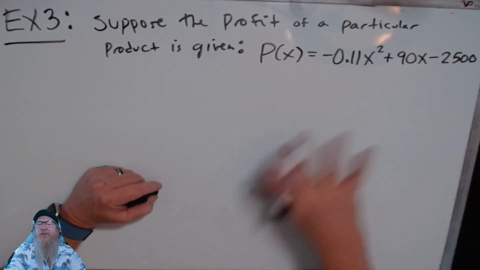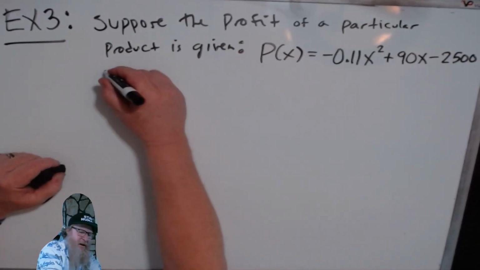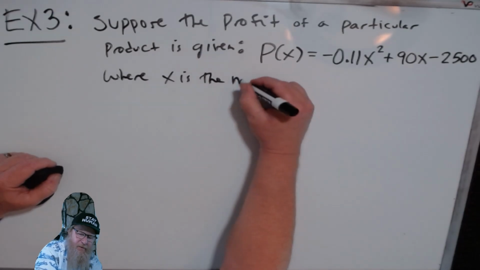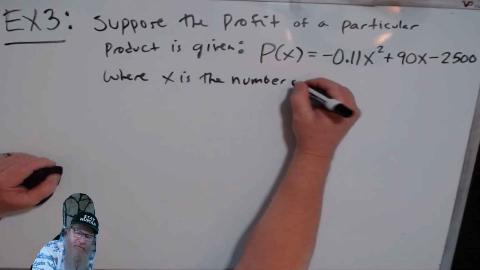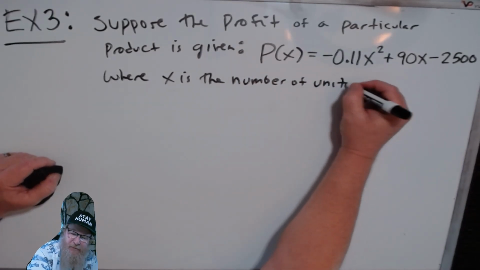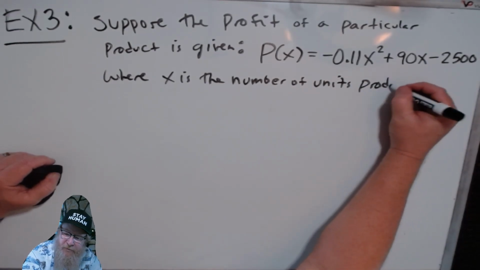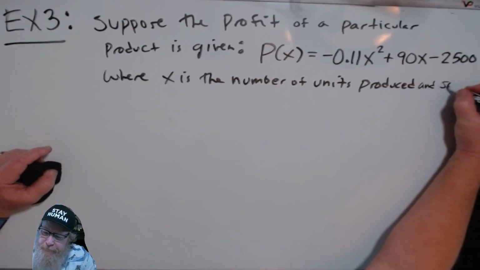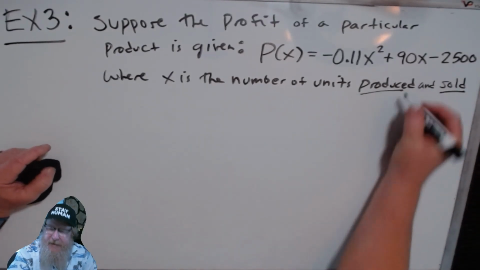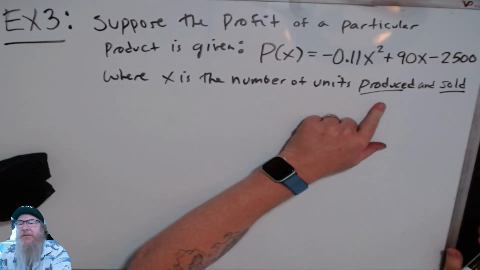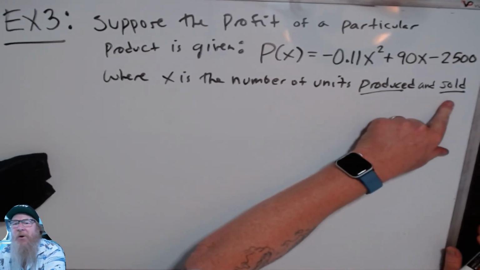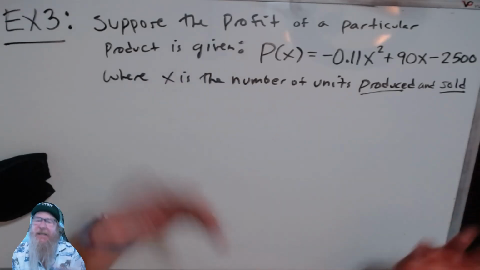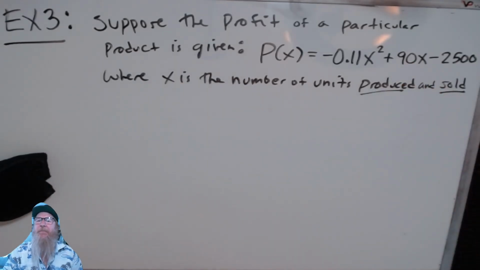So this includes cost, where X is the number of units produced and sold. That's the key. All right, so produced is cost, sold is revenue, and when you combine the two, revenue minus cost, you get the profit.